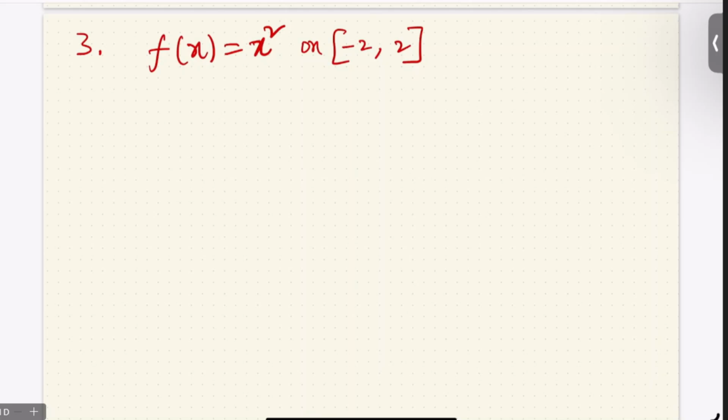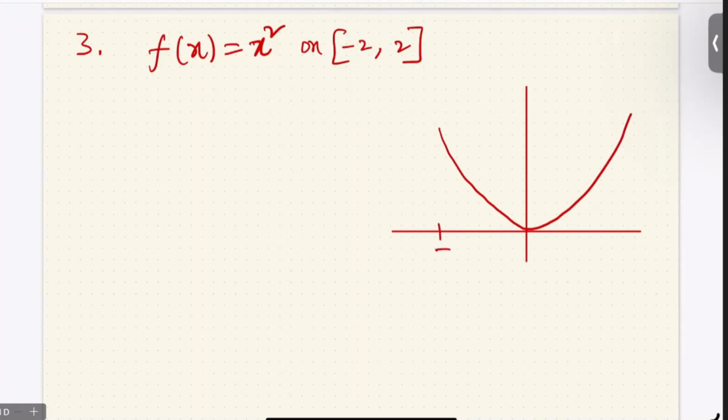That means you are looking for a neural network which approximates this one. This is minus 2, this is 2. Which neural network approximates it? Now, there are several questions I can give here.